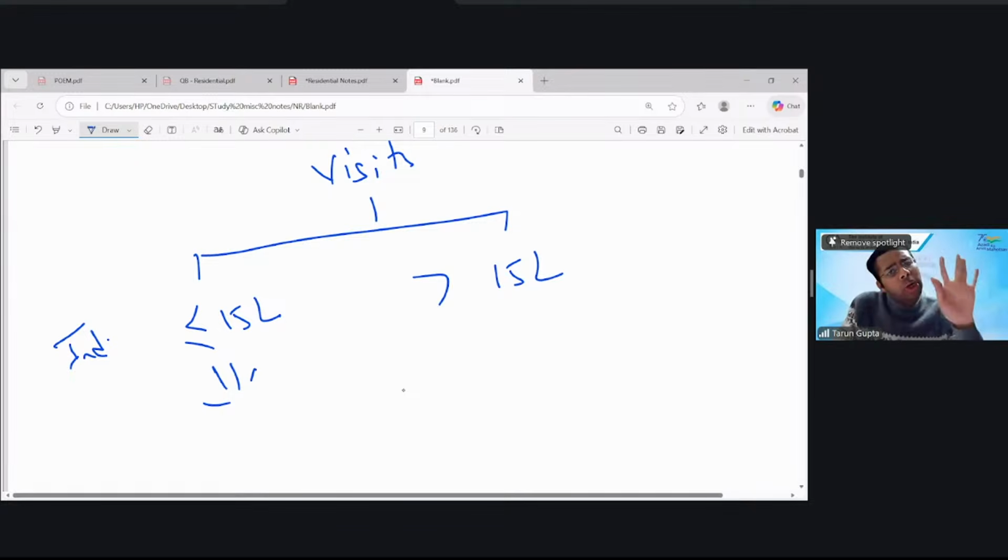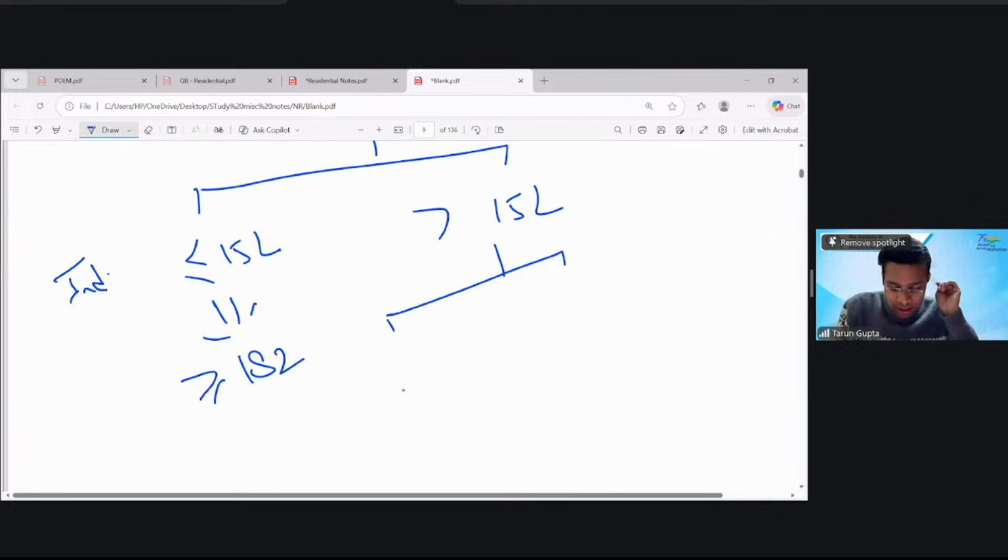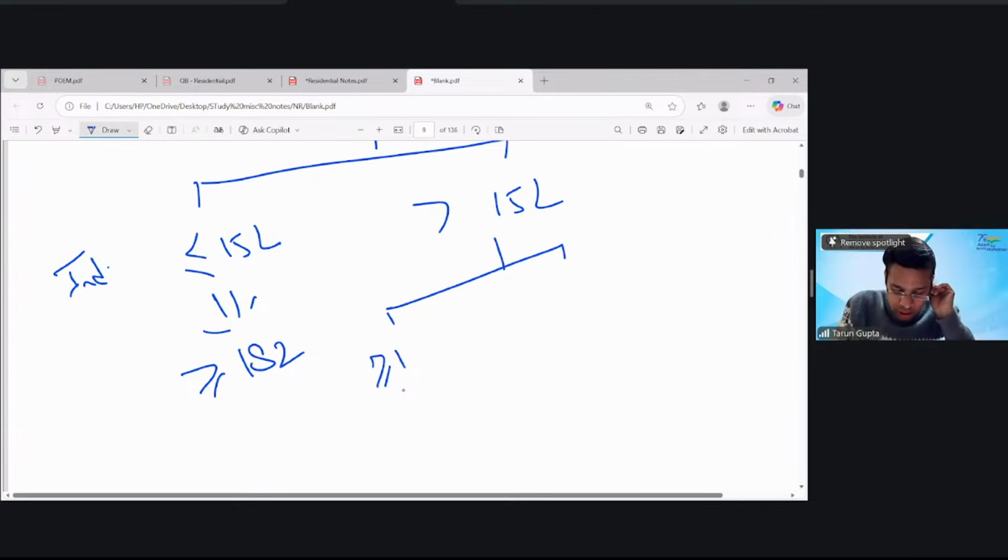They will be resident only if they qualify the first condition, which is 182 days or more. But if your Indian income is more than 15 lakh, then you will qualify as resident either if you stay in India for 182 days or more, or you stay in India during the relevant previous year for 120 days and 365 days in the last 4 years.